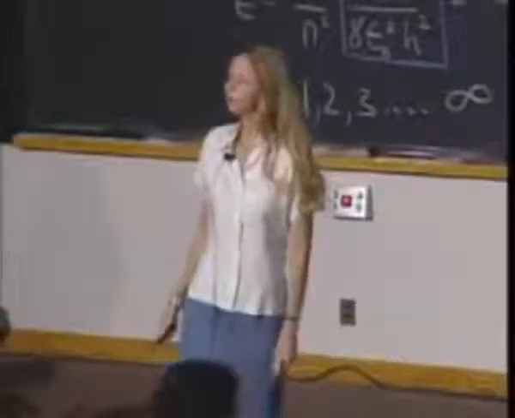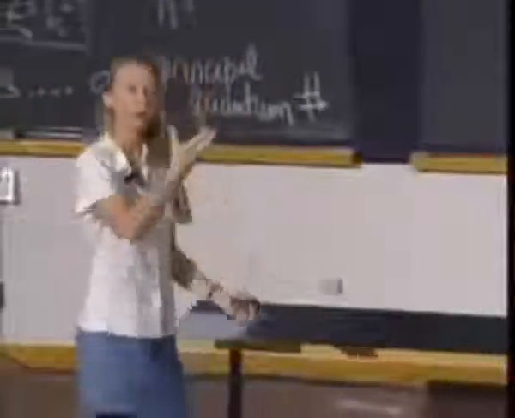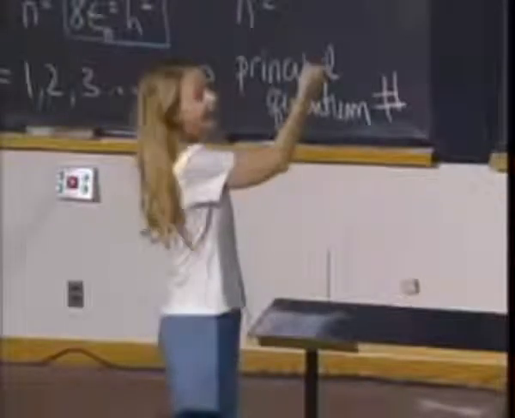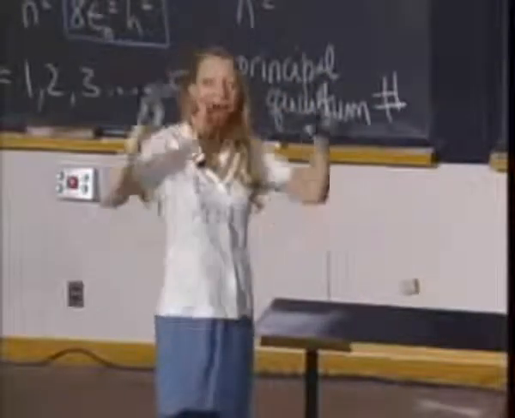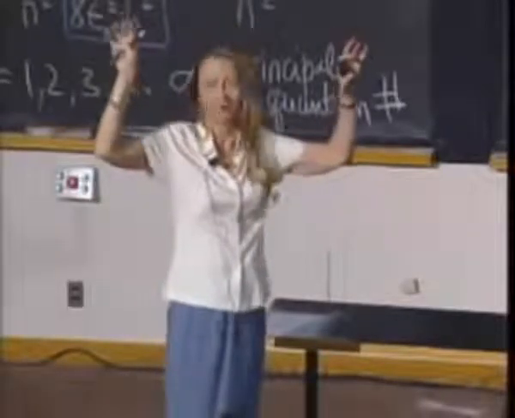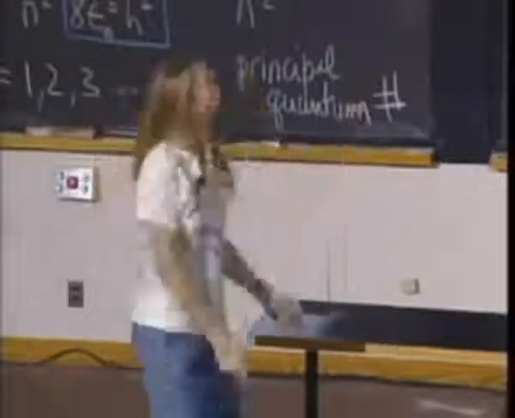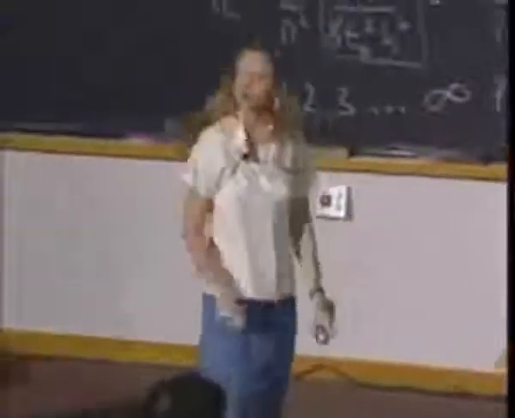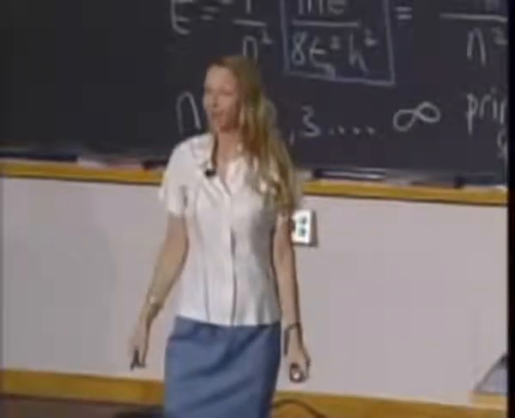Well, helium plus is a one electron atom, because helium usually has 2 electrons, but if you take one away, you have only 1 electron left, and so this helium plus ion is a 1 electron atom, or if you want to say it more precisely, a 1 electron ion. Or lithium double plus is a 1 electron atom or a 1 electron ion.